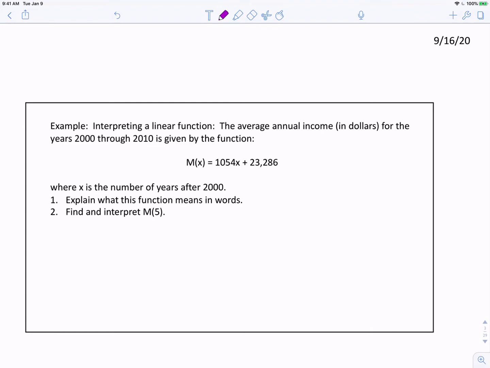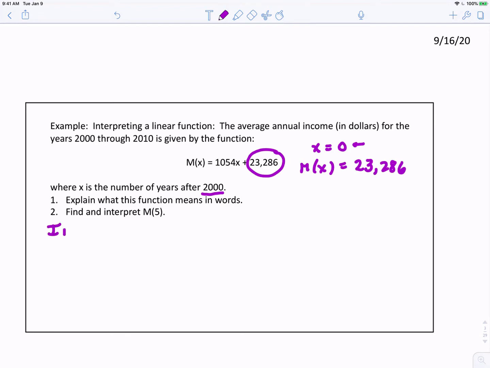So remember, let's start here. This is your y-intercept. So when x is equal to 0, M of x, the function, is equal to 23,286. Now what is x? X is the number of years after 2000. So when x is 0, what that means is we're 0 years after the year 2000.